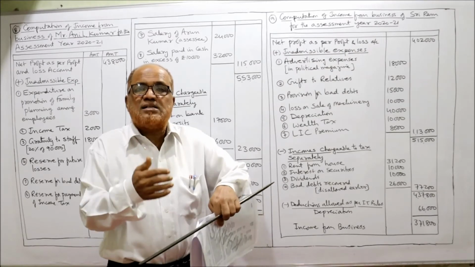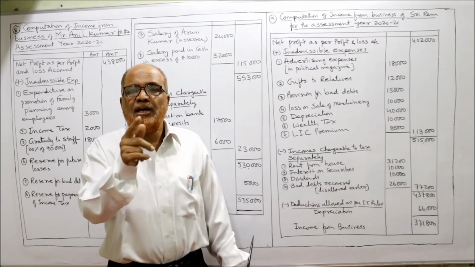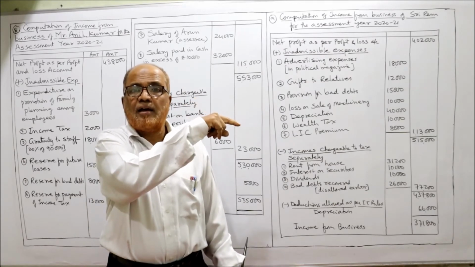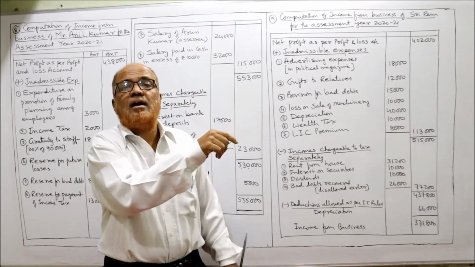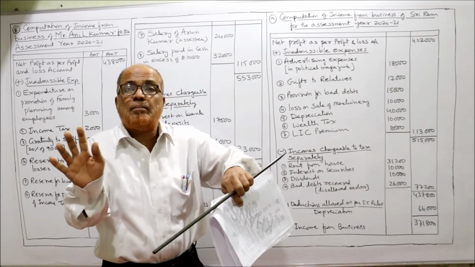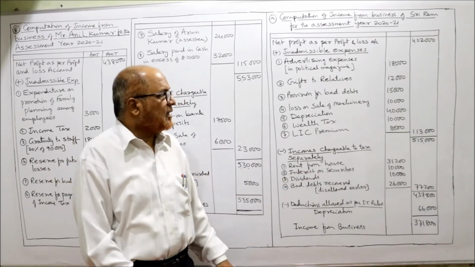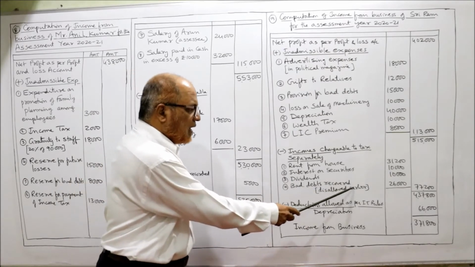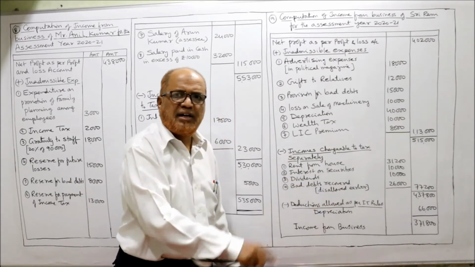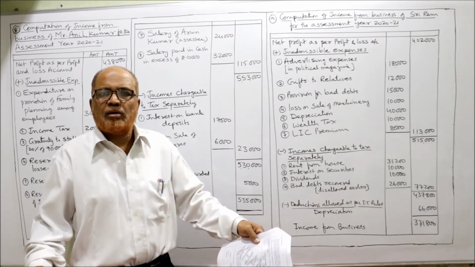Now that bad debts is recovered, Income Tax Act says it is not taxable. If it is allowed earlier, now it is a business income. If it is disallowed earlier, now it is not a business income, not taxable. So bad debts recovered will be deducted. See here, bad debts recovered, disallowed earlier, 26,000 will be deducted from the profit. Because it is not taxable now.